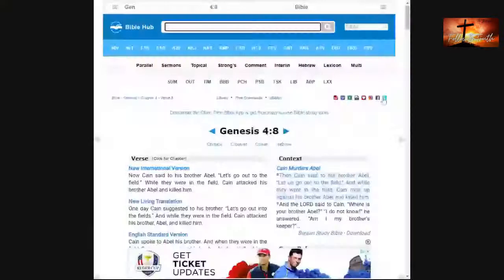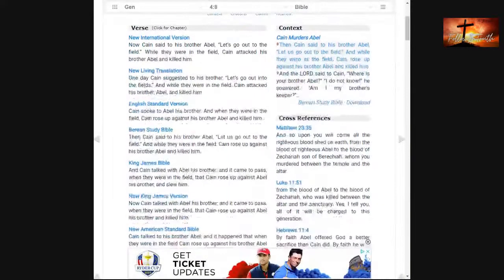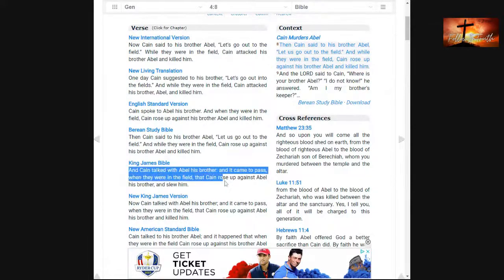And if I share my screen with Genesis 4:8, we can see here it states, "And Cain talked with Abel his brother, and it came to pass, when they were in the field, that Cain rose up against Abel his brother and slew him."